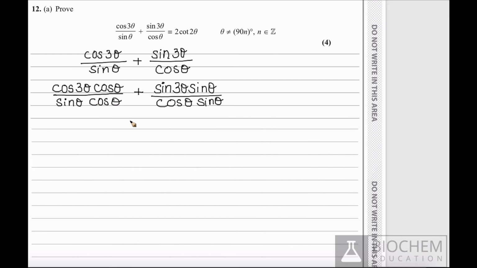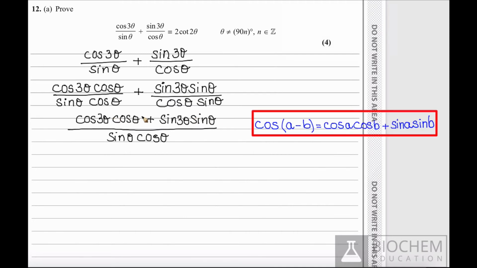Now as the denominators are the same, we can add the numerators. Hence we can write sin theta cos theta in the denominator, and the numerator as cos 3 theta cos theta plus sin 3 theta sin theta. In order to solve the numerator, we have to recall an addition formula for cos.